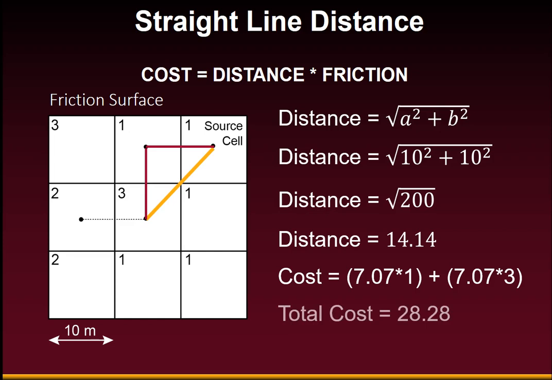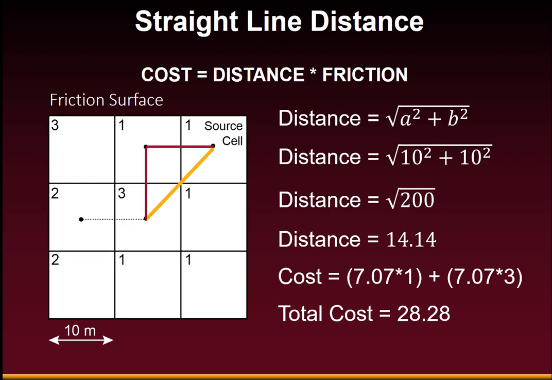That means the total cost to travel from the source cell to the center cell using straight line distance is 28.28. The cost to travel from the source cell to the center cell using row column distance would be 30. Therefore, the straight line distance is slightly less than the row column distance.